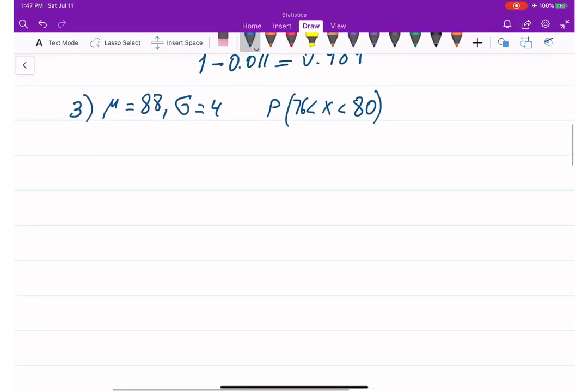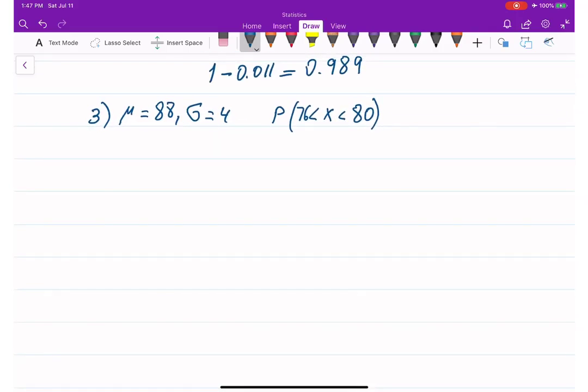Okay, what does that mean? Let me explain. Normal distribution. Okay, here is x. If this is our mean, let me make it bigger.